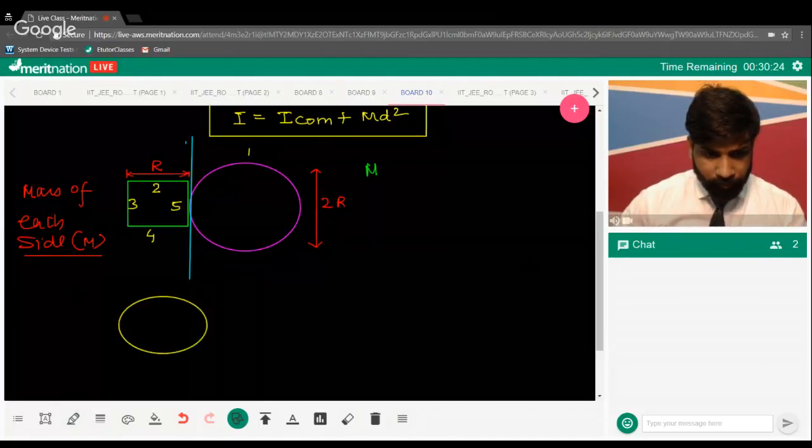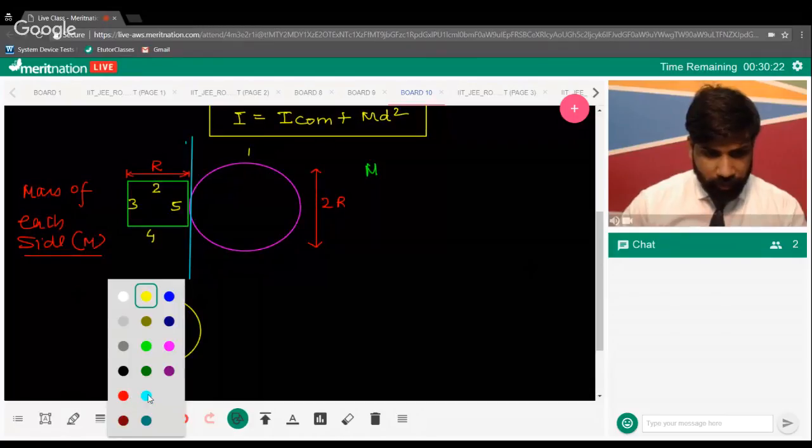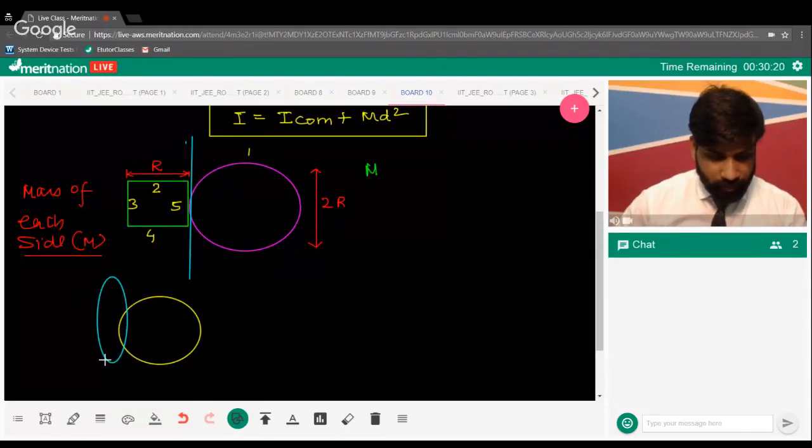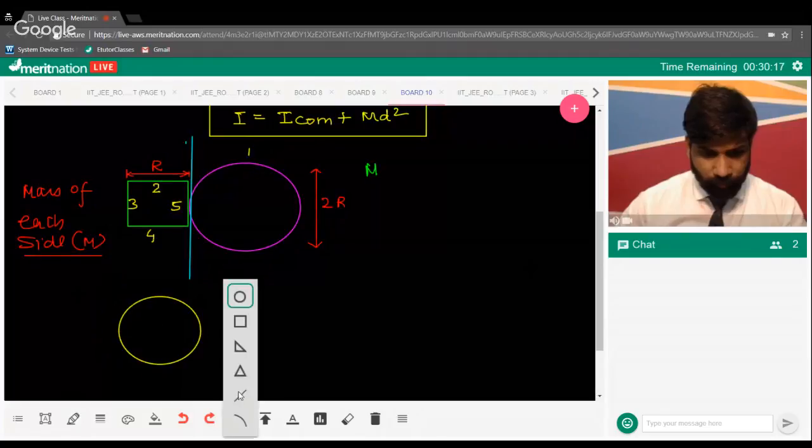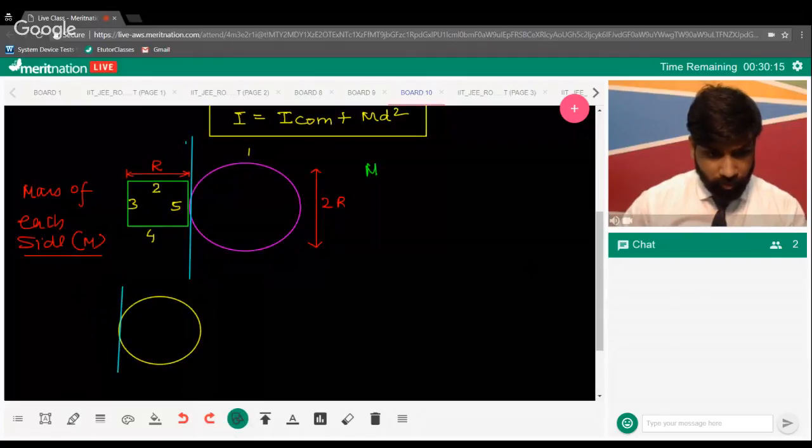So suppose this was the ring, and this is the axis, this one. You know very well, moment of inertia of a ring about its diameter is what? About its diameter it is mr square by 2.